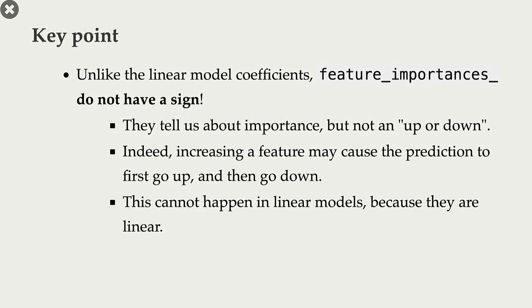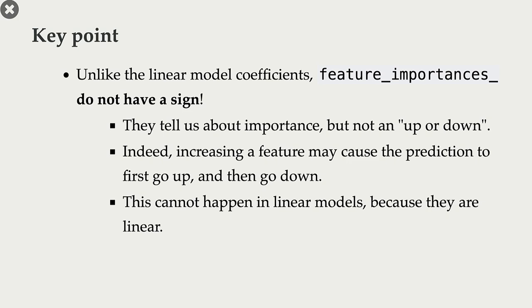A key point here is that unlike linear model coefficients, feature importances do not have a sign. They tell us about the importance, but they don't actually tell us in what direction the feature is going to affect the prediction. And this kind of makes sense because our model is not linear anymore. In linear models, it makes sense to tell this direction that, okay, if you increase the value of this feature, then your prediction is going to change in this direction.